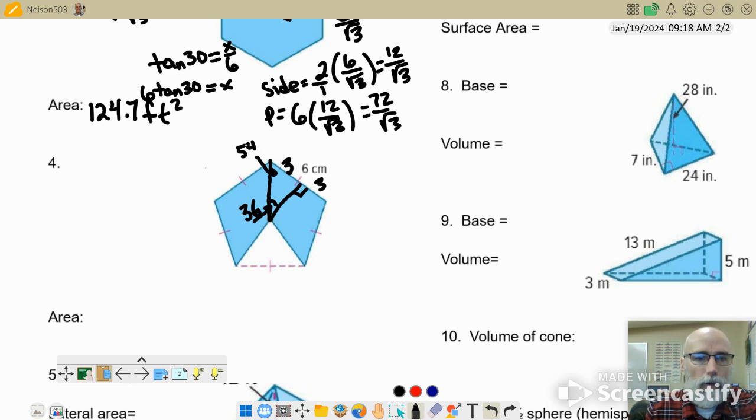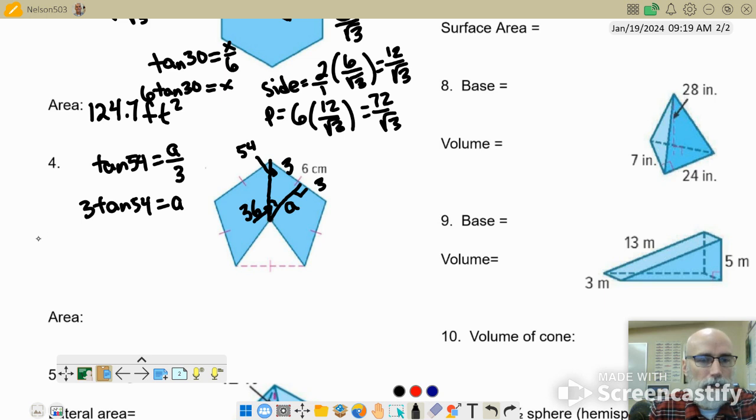Now, why do I like the 54-degree angle better? Because the apothem is now the opposite leg from 54. So when I set up the tangent of 54, I say a over 3, and I just multiply both sides by 3. I get 3 tangent 54 is equal to the apothem. And then the perimeter is 6 times 5.